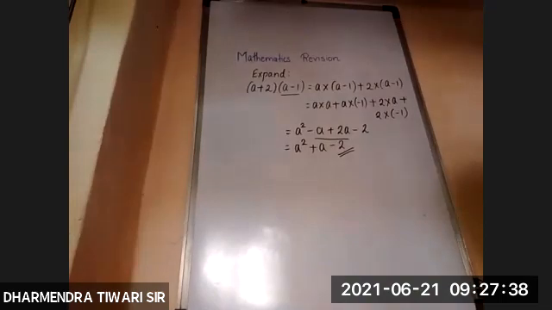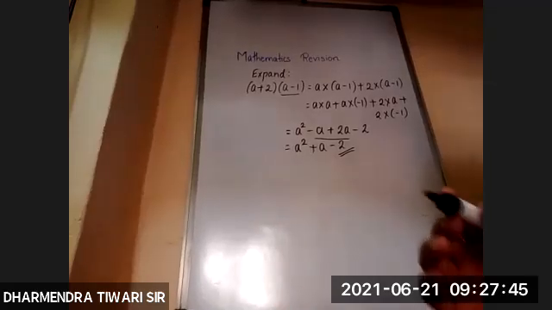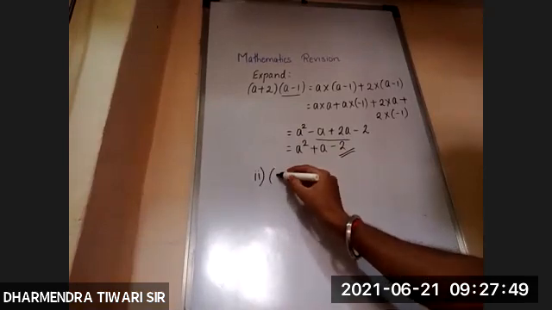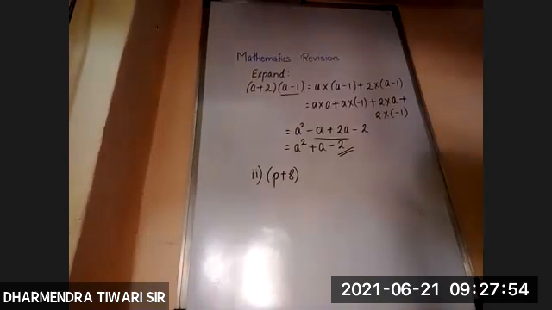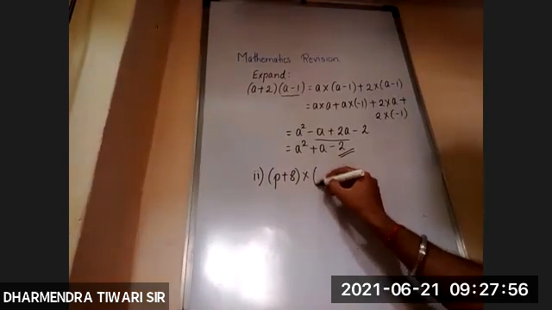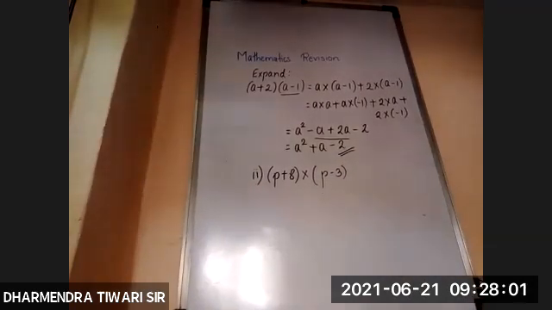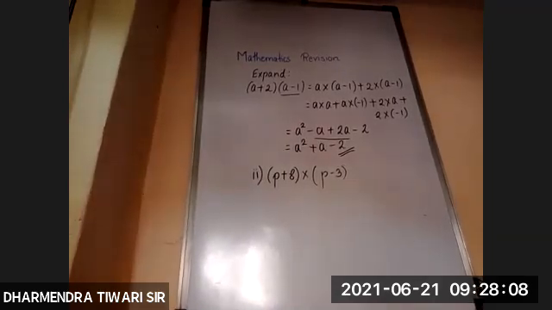Yeah, we'll take the next example. That is (p + 8) multiplied to (p - 3). So in this case, only the terms have been changed.